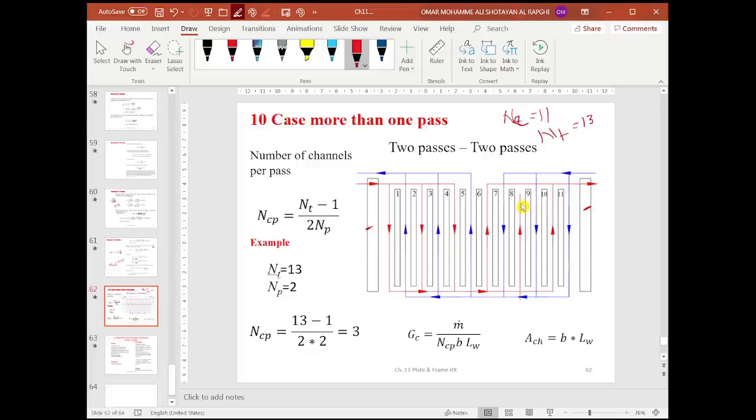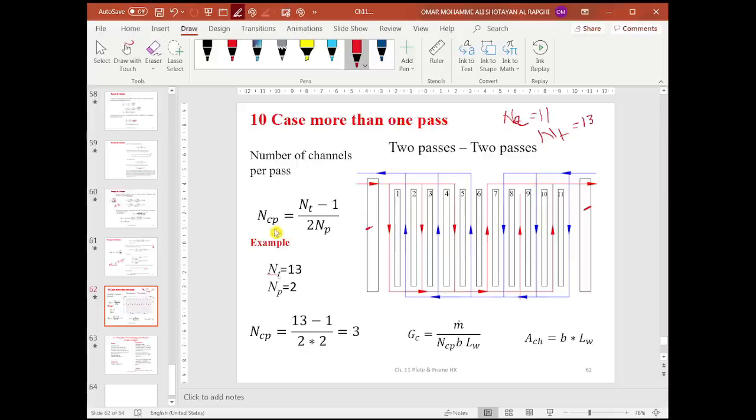Since you have two passes, if you can look carefully, you find that for example, the blue fluid is going this one pass and this another pass, and the same thing for also the hot fluid. There is one pass and then another pass. So you have two passes for the hot fluid, and you have also two passes for the cold fluid, for the hot and the cold fluid.